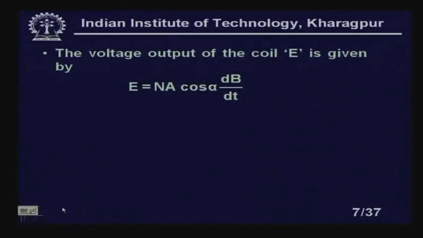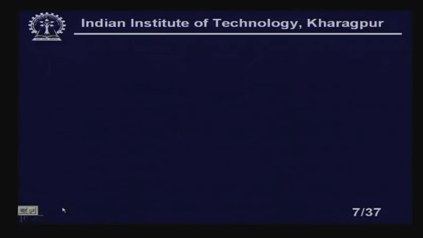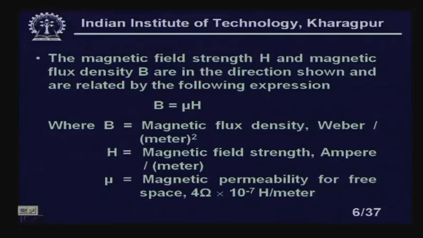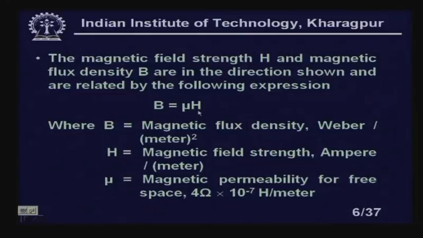So, the voltage output of the coil E is given by, now one thing is very important. In the previous slide, we are interested in the measurement of H. Now, how much is the magnetic field actually? The value of B might be constant, coming from some magnetic material.